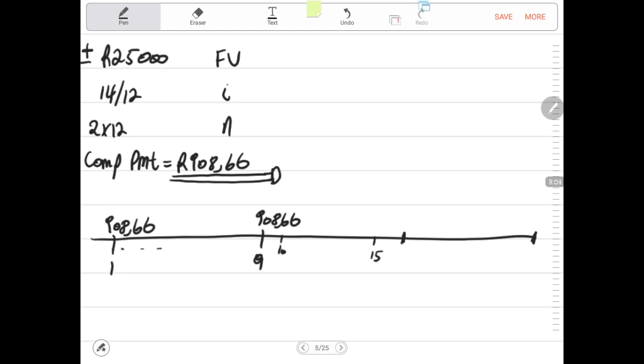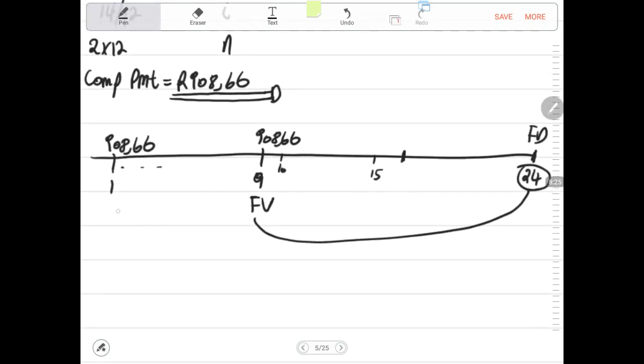And I want to highlight again that this is our focal date. Focal date is month number 24. Now we have to calculate the future value of the PMT on the last payment. Remember, this amount will remain in the account up until month number 24. So we need to calculate the future value of the payment.